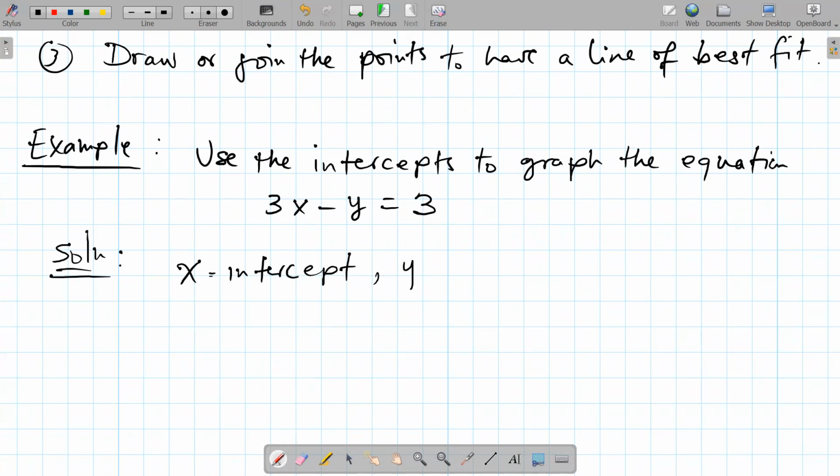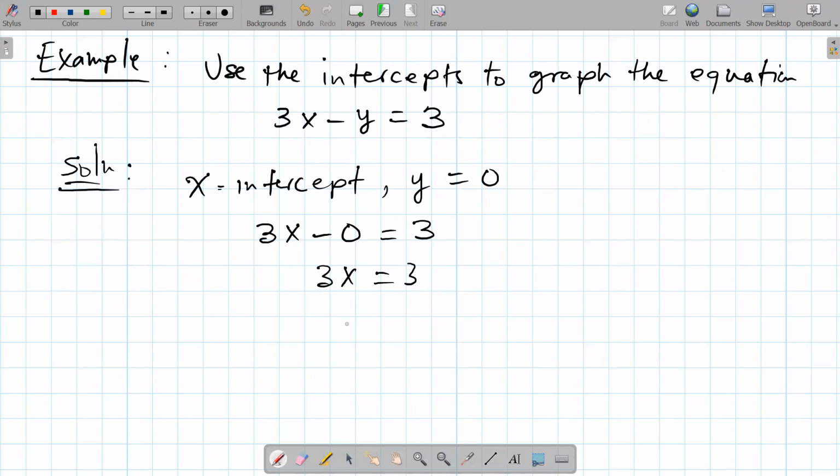X-intercept, remember that y will be 0. So I'm going to set y to be 0. That means I'm going to have 3x minus y, which is 0, equal 3. 3x minus 0 is 3x, equal 3. And if I need to solve for x, I divide both sides by 3.